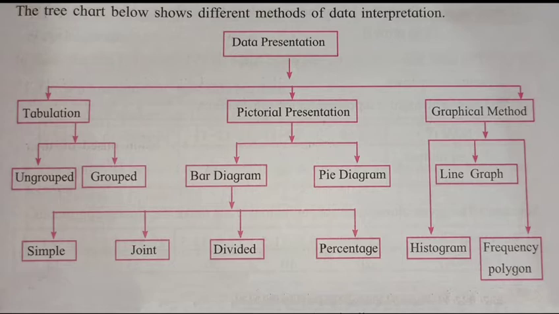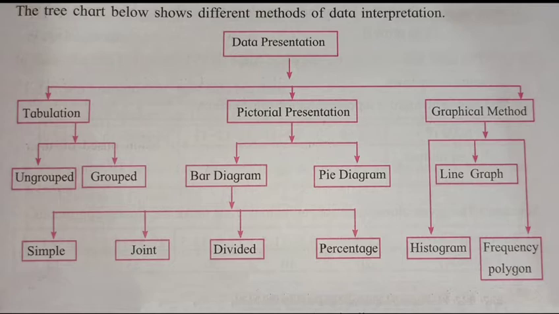Tabulation consists of ungrouped and grouped data. We had used it to find out the mode, mean and median. Pictorial presentation consists of the bar diagram and pie diagram. Bar diagram again consists of simple bar, joint bar, divided bar and percentage bar.